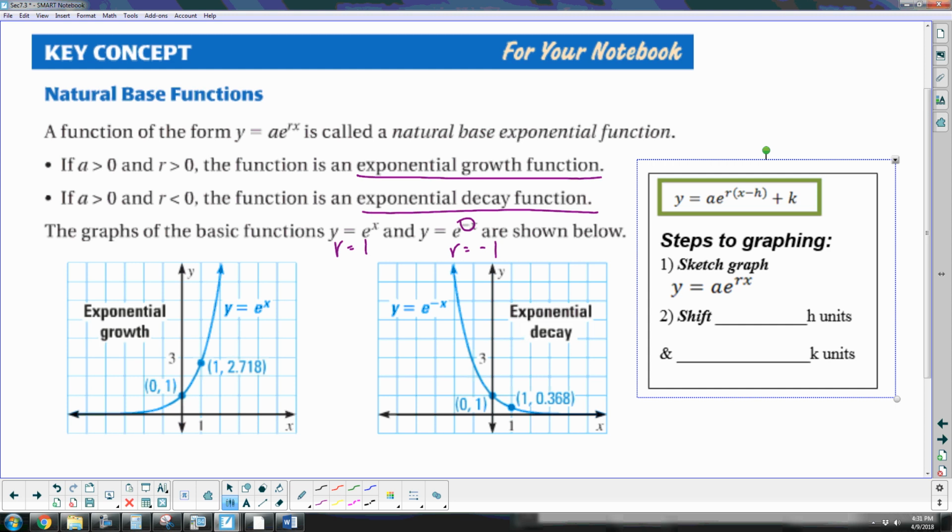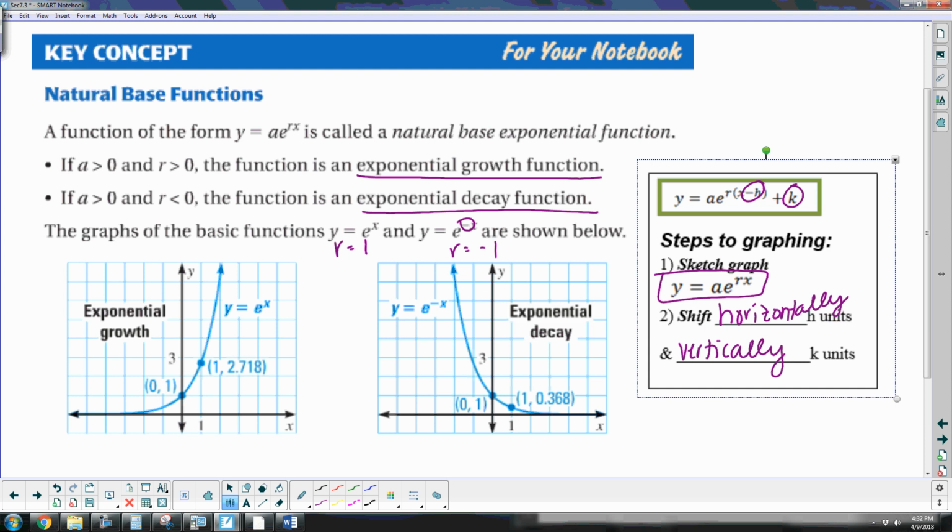And then going a little bit further, if you look at your note sheet, that steps to graphing, notice the form a times e to the r times the quantity x minus h plus k. So when you're graphing these, first you're going to want to graph this function, a times e to the rx, and then you're going to shift it horizontally h units, and vertically k units.